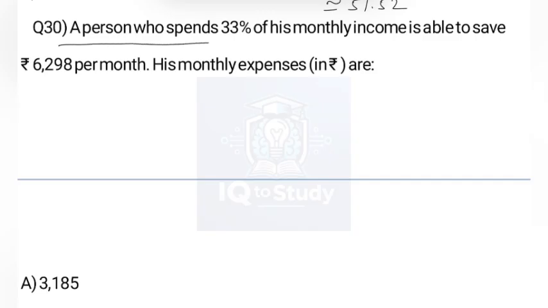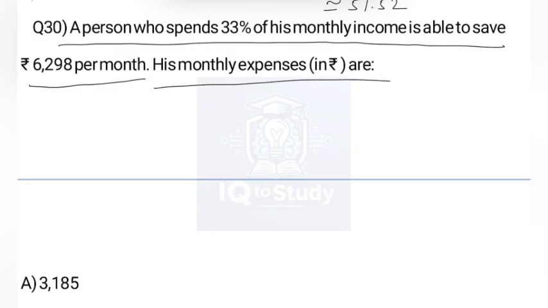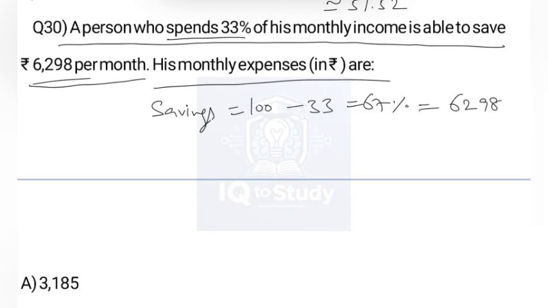A person who spends 33% of his monthly income is able to save 6,298 rupees per month. His monthly expenses are: if he spends 33%, then savings will be 100 minus 33, which is 67%. Given this 67% is equal to 6298.